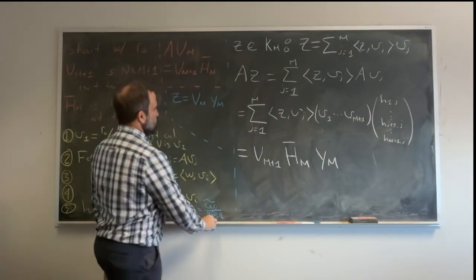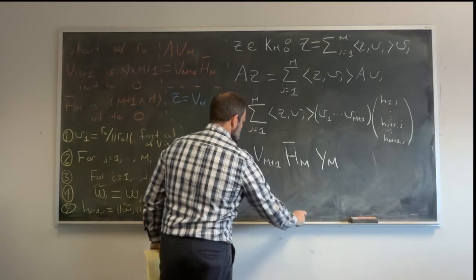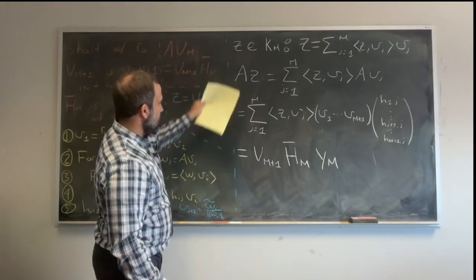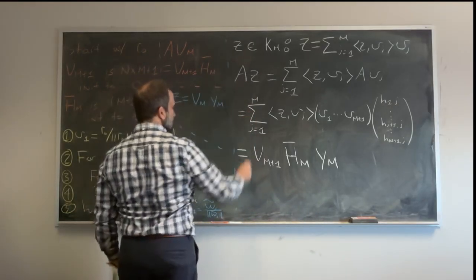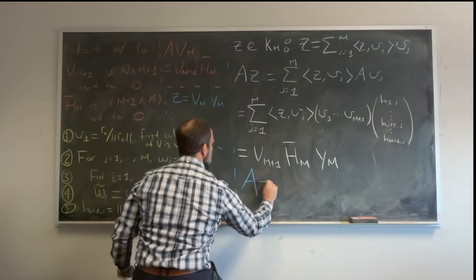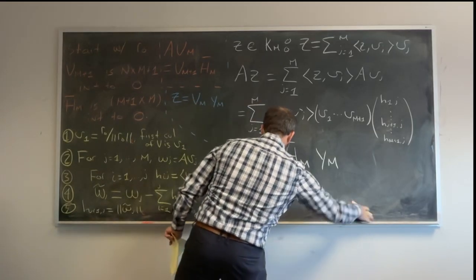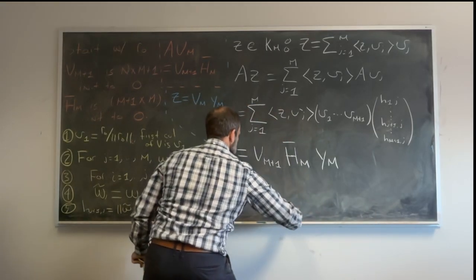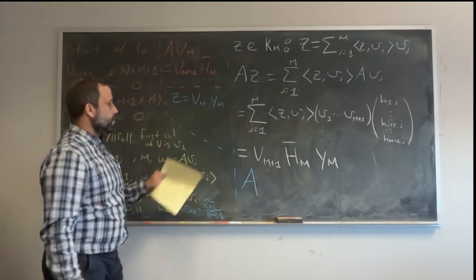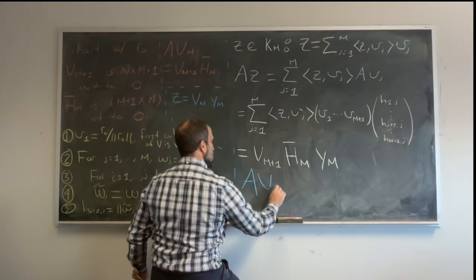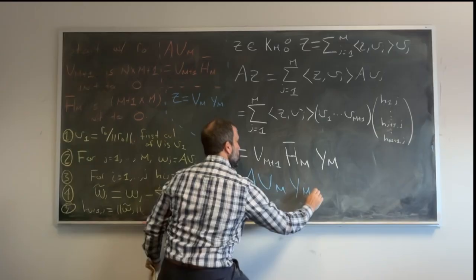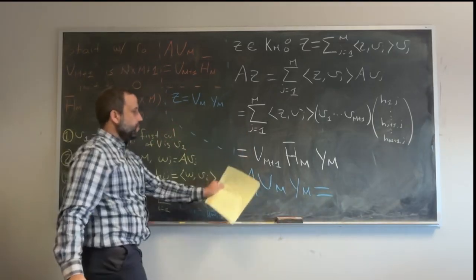Okay, so notice what we have proven then. We have this formula. This is a times z. But z is equal to vm ym. So we've got a times vm ym. And what do we have over here?